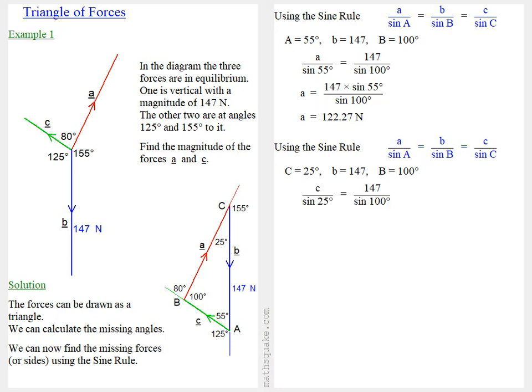So, C over sine 25 equals 147 over sine 100, and if we multiply both sides by sine 25, we get C is equal to 147 sine 25 over sine 100, which works out to C is equal to 63.08 newtons. And so we have the force A is equal to 122.3 newtons, and the force C is equal to 63.1 newtons.